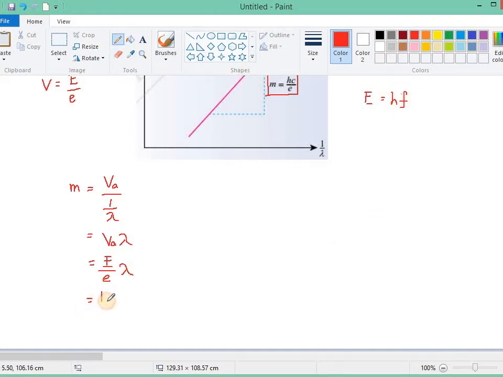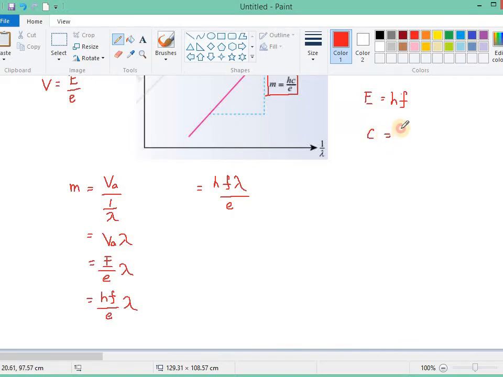So this is hf over e, and with the wavelength, it is hf lambda over e.